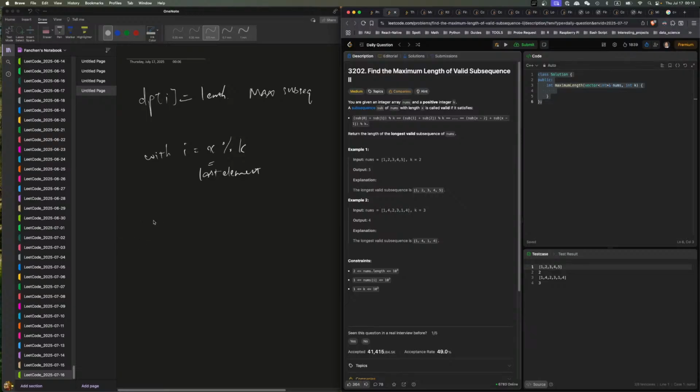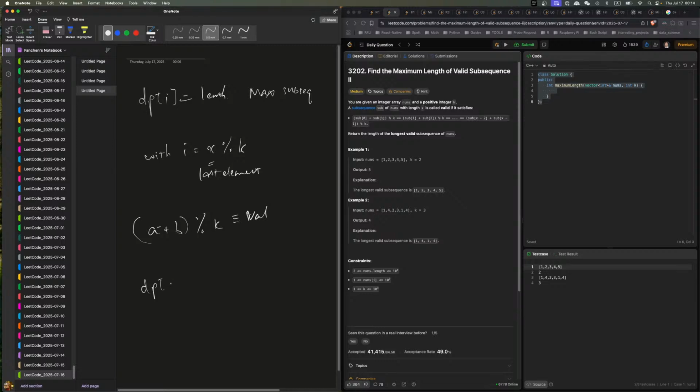So I know a plus b mod k equal to r. And we say, okay, say val, and this val is set, right? And then I say I know dp[i]. i is just the remainder, right? So let's say b is the last value.